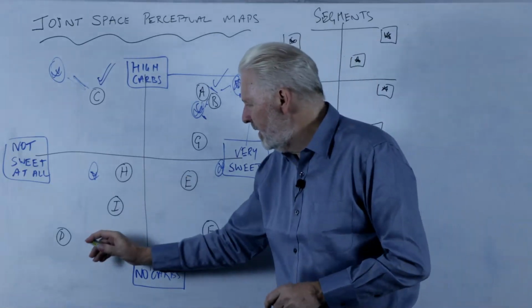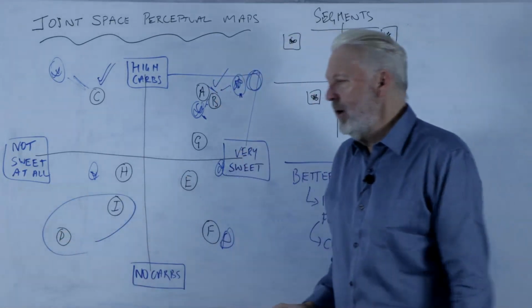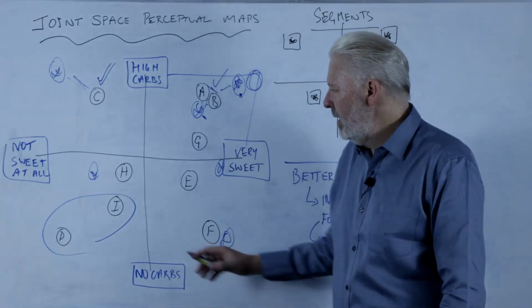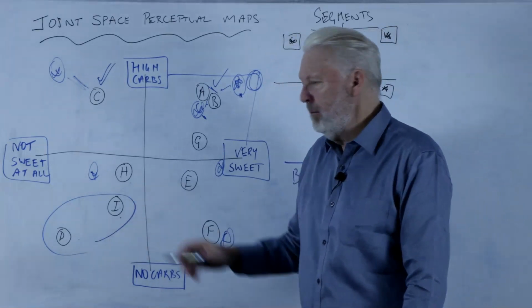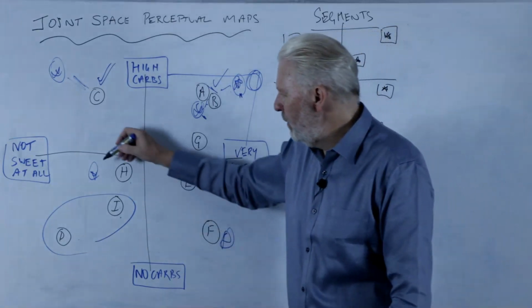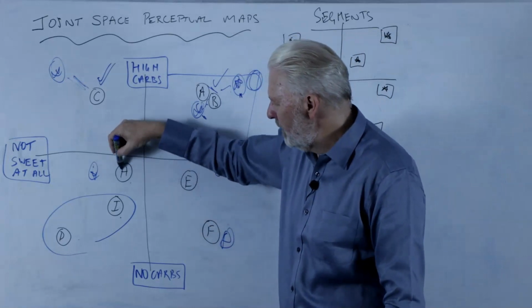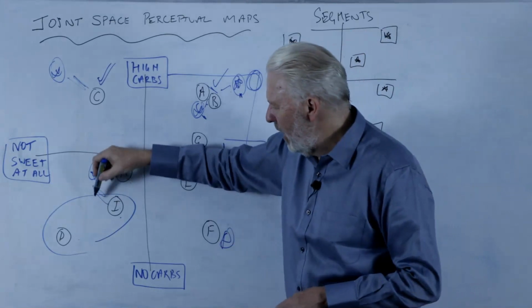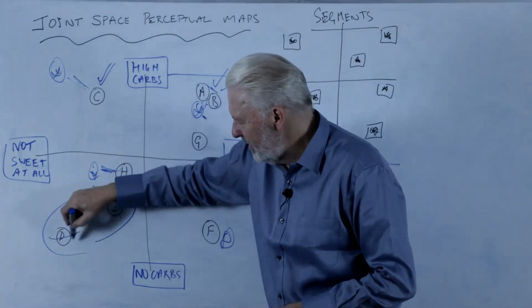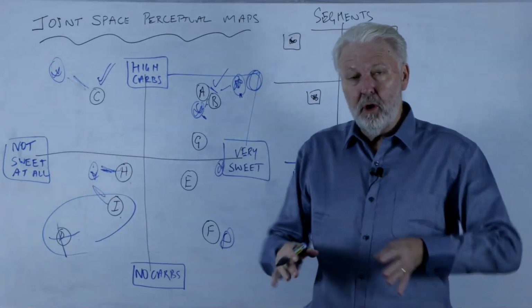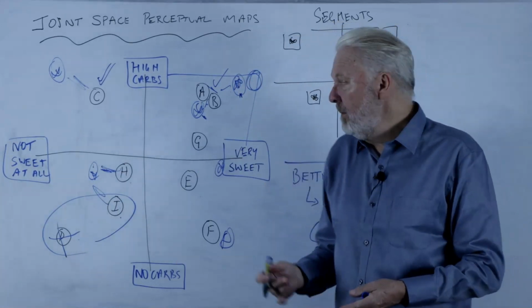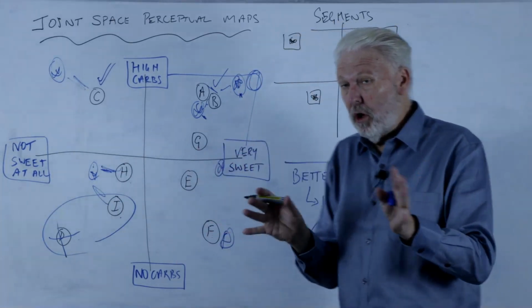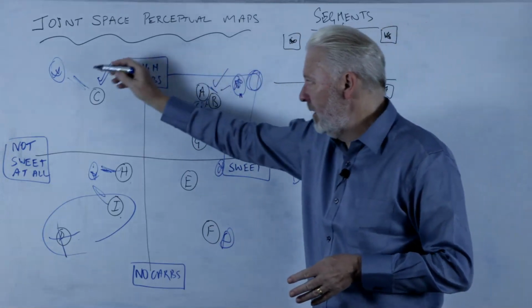Down here, we've got very poor positioning, because we've got a cluttered marketplace and we've got only one target market, and H seems to be quite close to that, and maybe I, but D down here is just in a bad spot and needs to reposition itself. Now, one thing I haven't got here is the size of these segments.